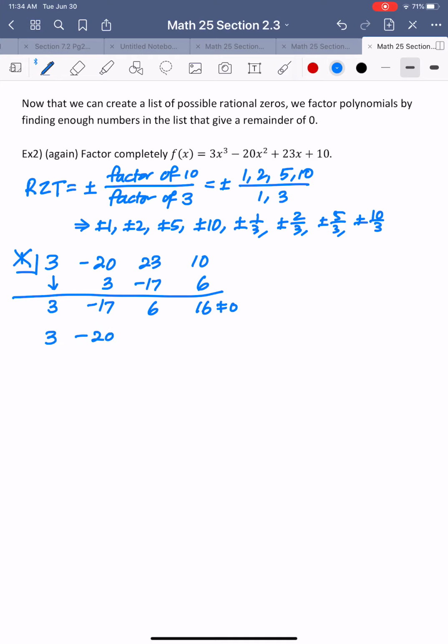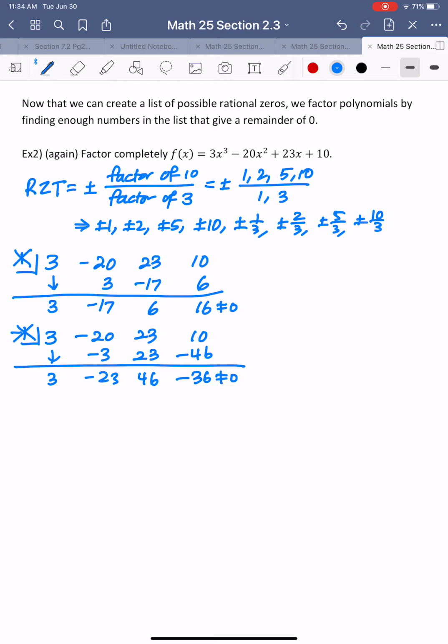Now try it again. 3, negative 20, 23, and 10. And then I use a negative 1. So drop the 3. 1 times negative 1, negative 3, negative 23. Positive 23, which is 46, minus 46 is going to be negative 36, which is not equal to 0. So negative 1 is also not going to be the zero, which means x plus 1 is not going to be the factor.